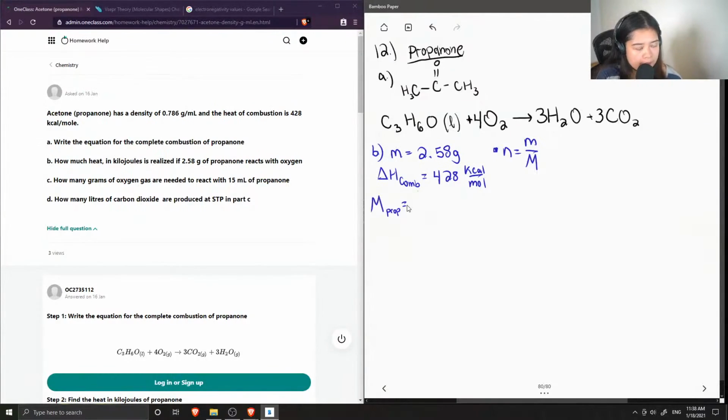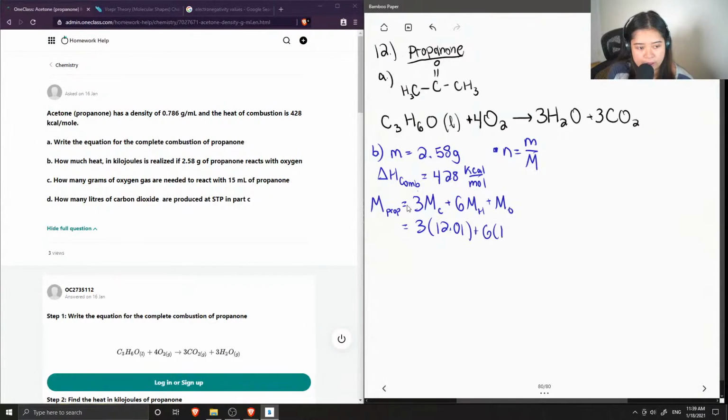We know that the molar mass is going to be 3 times the molar mass of carbon plus 6 times the molar mass of hydrogen plus just the molar mass of oxygen. So we can find these different molar masses on the periodic table. So for carbon, it's 12.01 grams per mole.